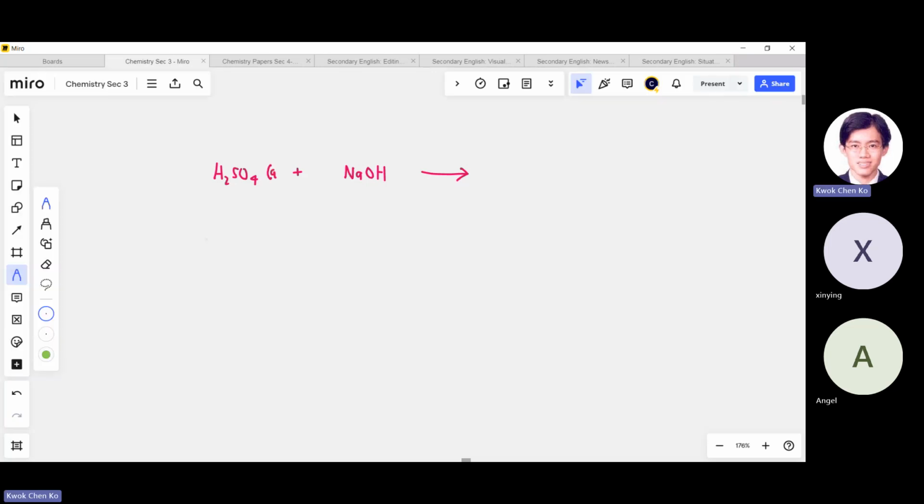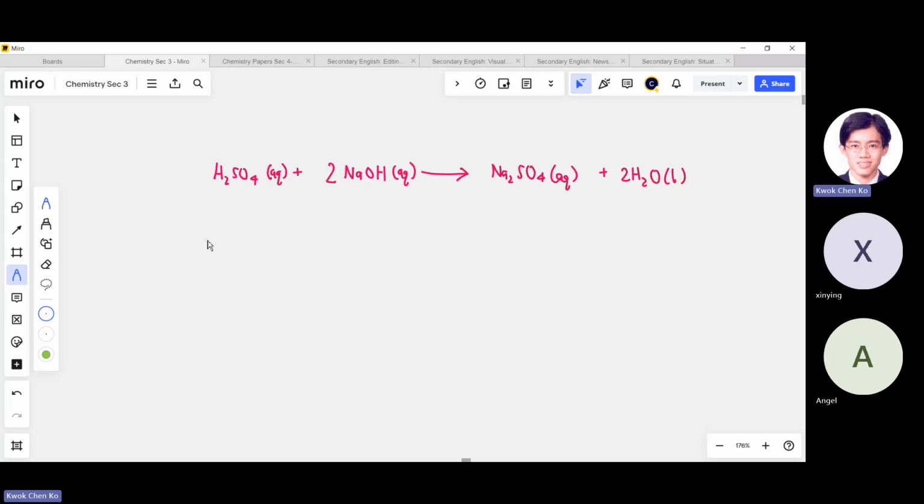Obviously you should recognize this is an acid alkaline reaction. Once you're done, make sure you check against my answer.